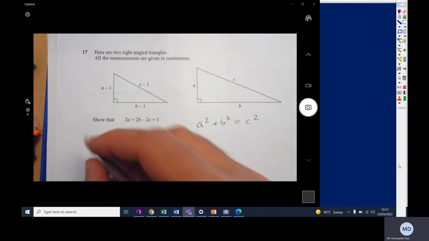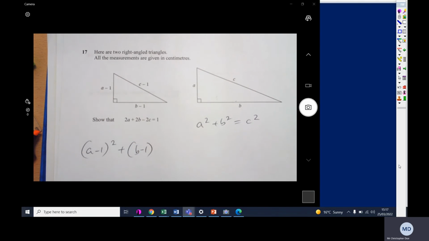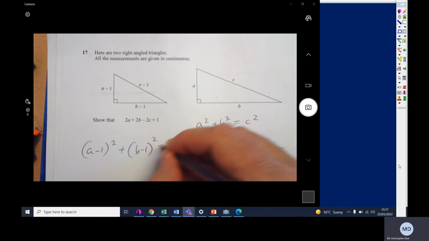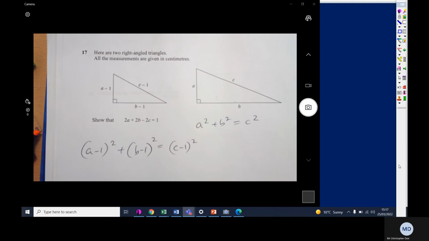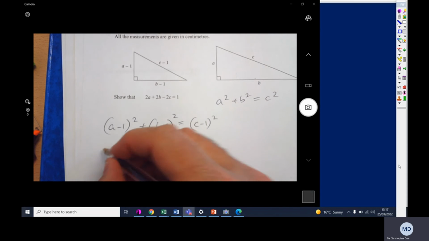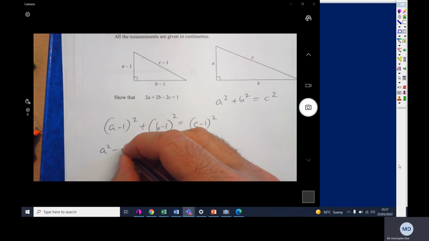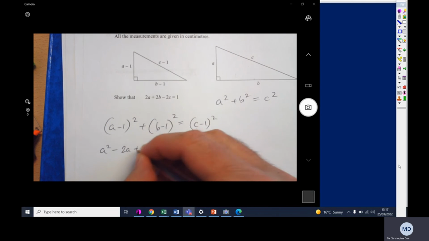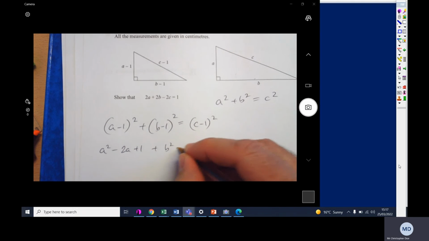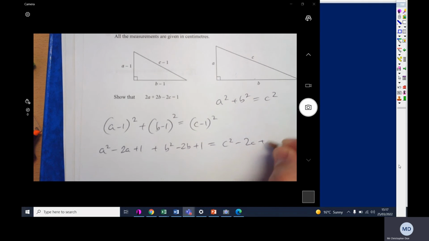But for this one, a minus 1 squared plus b minus 1 squared equals hypotenuse squared. Now, if I expand this, you have to just trust me with the expansion. A squared minus 2a plus 1 plus b squared minus 2b plus 1 equals c squared minus 2c plus 1.